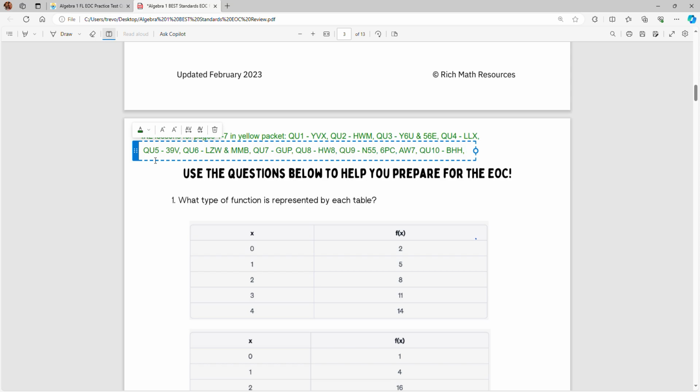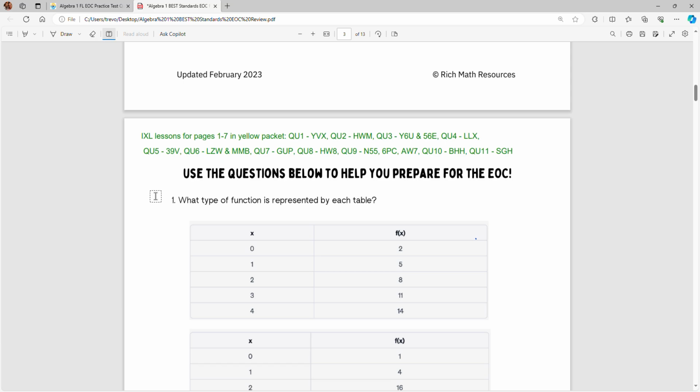Question 11, SGH. I'm running out of space here, huh? Question 12, 39V, which was the same one from question 5.